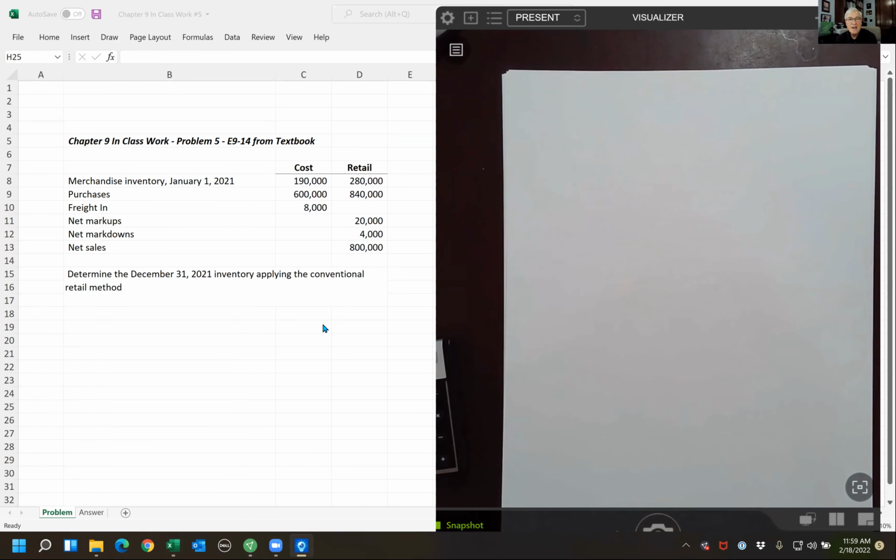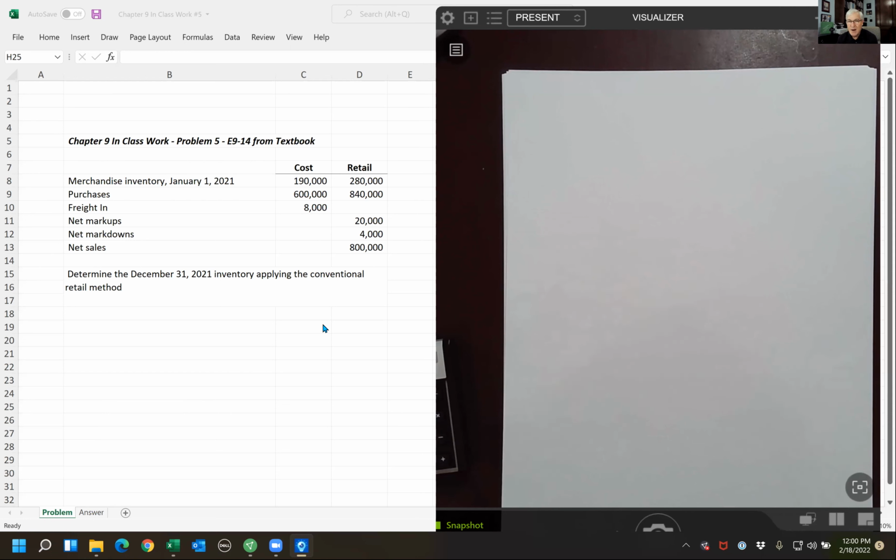Now we're going to use the conventional retail method. We know the cost of purchase, the cost of inventory, the cost of our freight in. And we also know, because we're a retailer, we're really good at this, the retail prices of what we purchase and what our beginning inventory was. We know markups and markdowns from our system, and we know how much we sold.